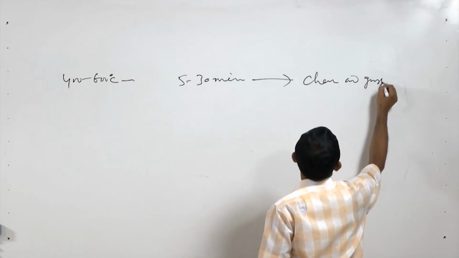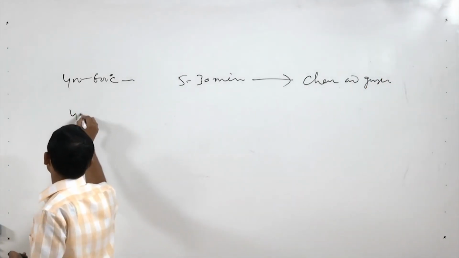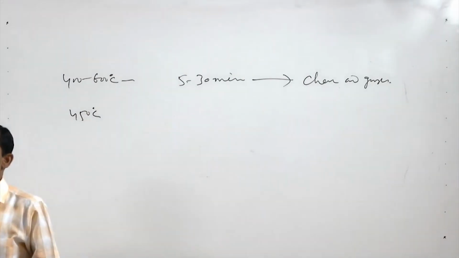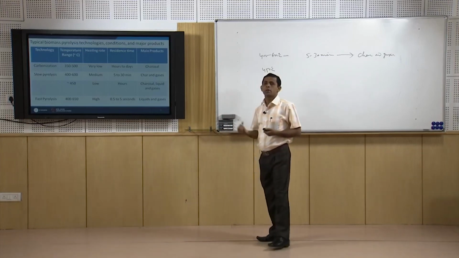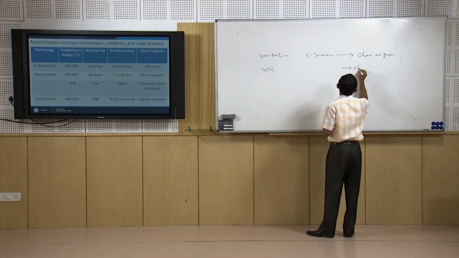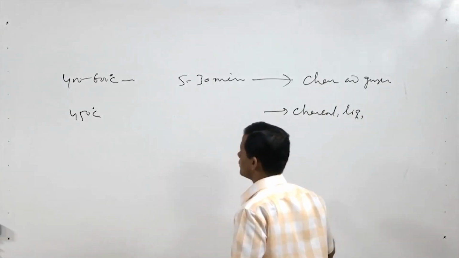But if it is say 450 degree centigrade, with a low heating rate and a residence time in hours, then it will give us charcoal, liquid and gases.